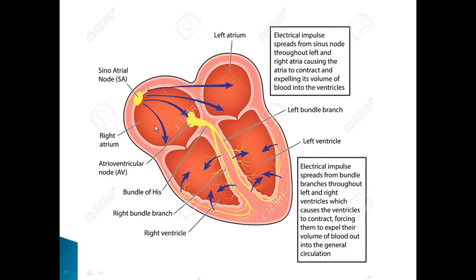The second step: these electrical impulses reach the atrioventricular node. Can you see? The impulse from the SA node goes to the AV node here.